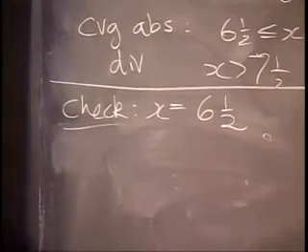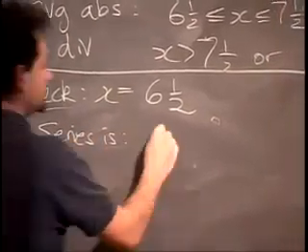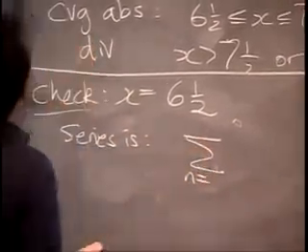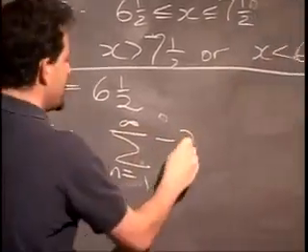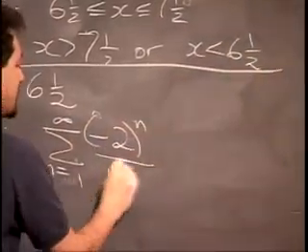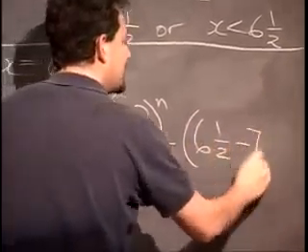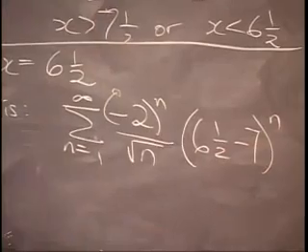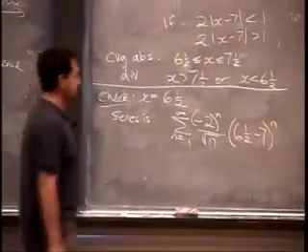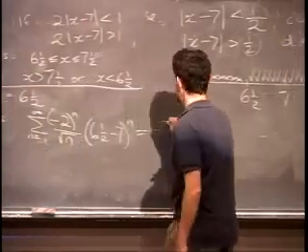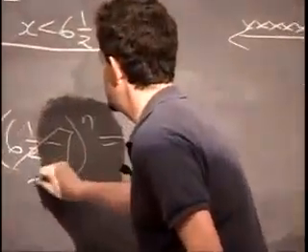The series is the sum from n equals 1 to infinity of minus 2 to the n over root n times (6.5 minus 7) to the n. What is 6.5 minus 7? Negative 1/2.